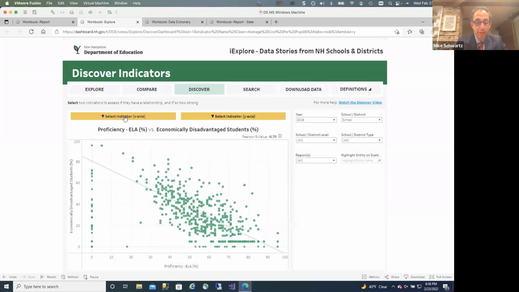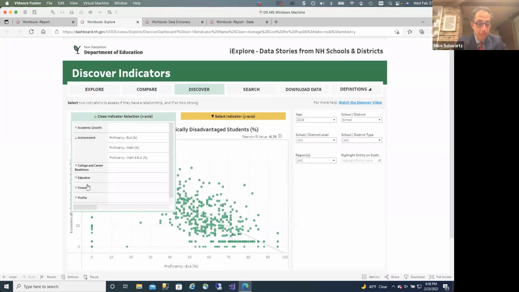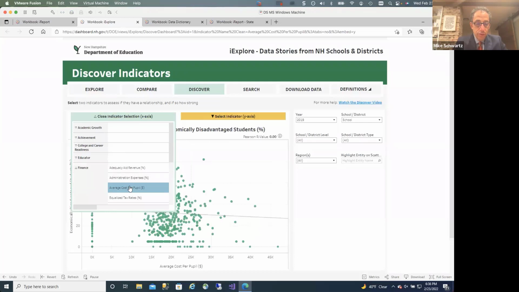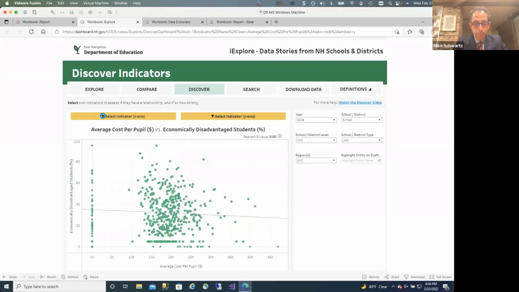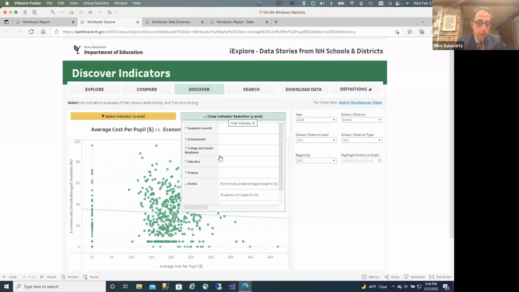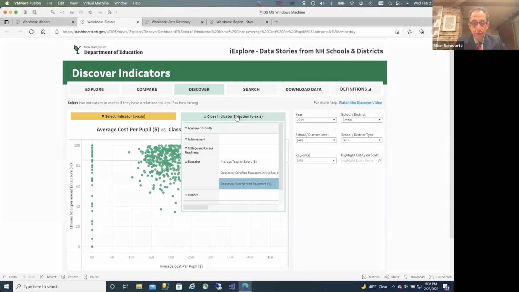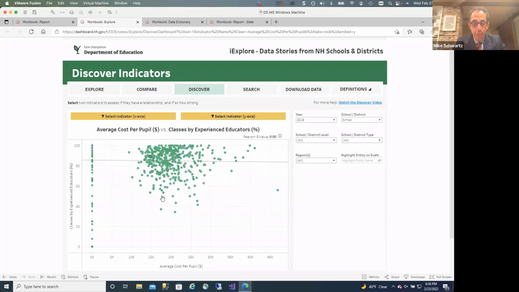So for example, I can take an indicator like we had before. Let's take the cost per pupil. Let's see if the average cost per pupil has a relationship to the percentage of teachers who are experienced. So is there a relationship between the experience of educators and the cost per pupil?